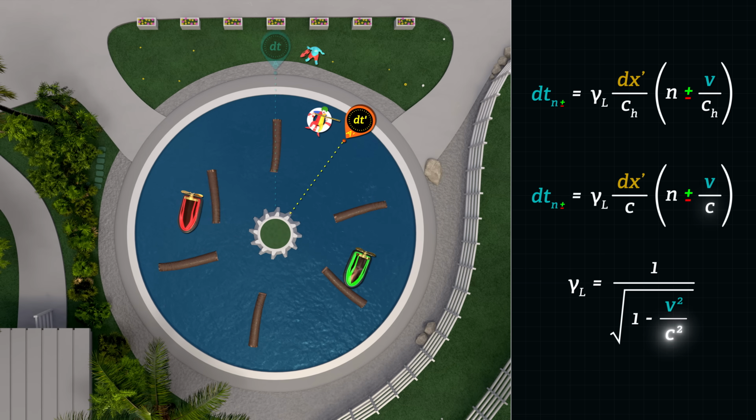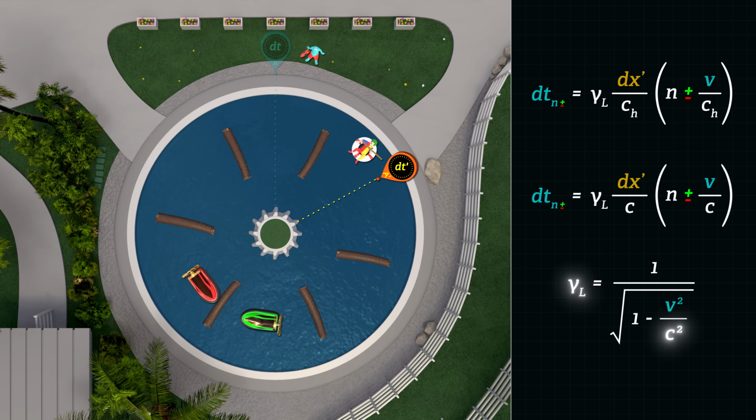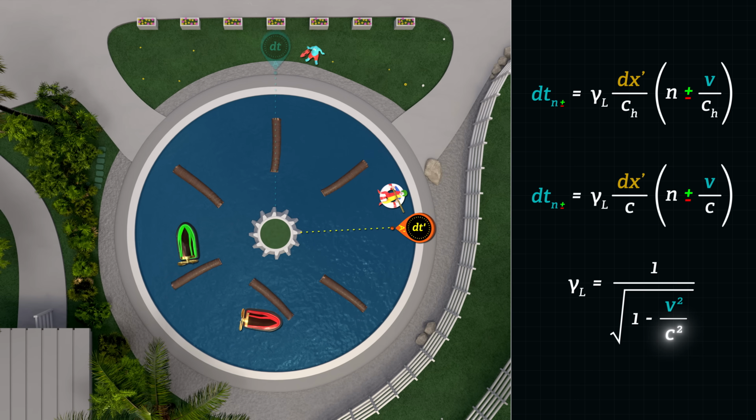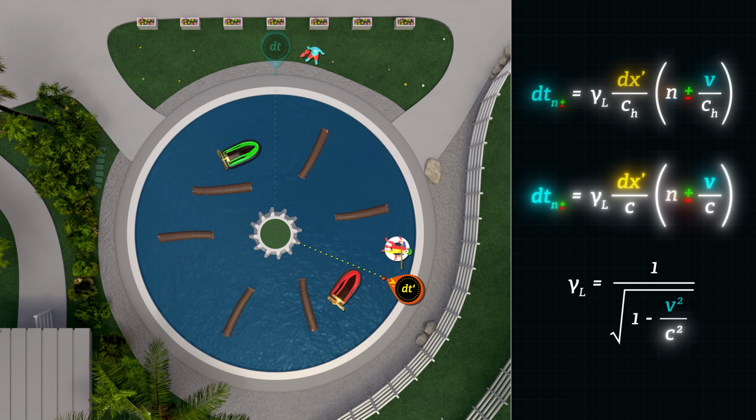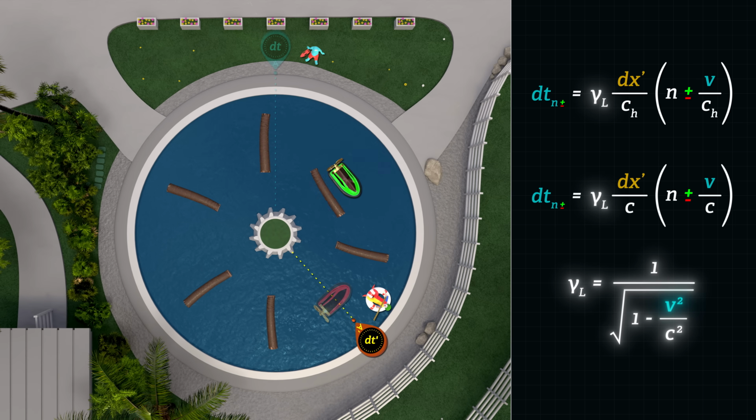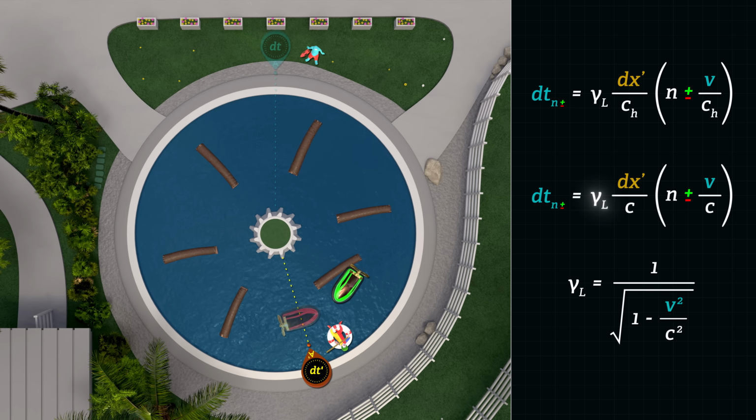Please note that the speed c squared in the Lorentz gamma factor will be light speed squared, whether we're talking about hovercraft or light signals, since the Lorentz gamma factor, as used here, is a time dilation conversion factor.